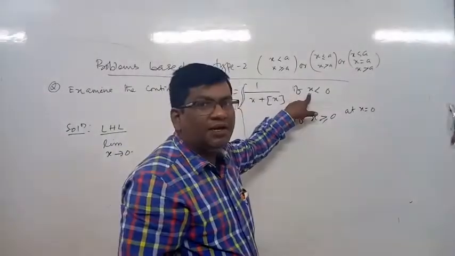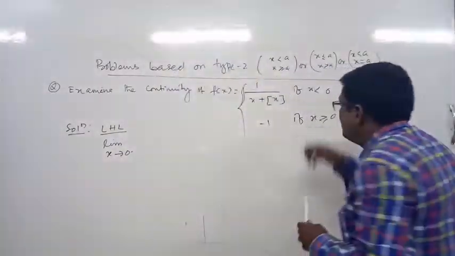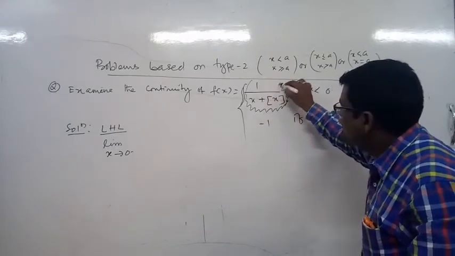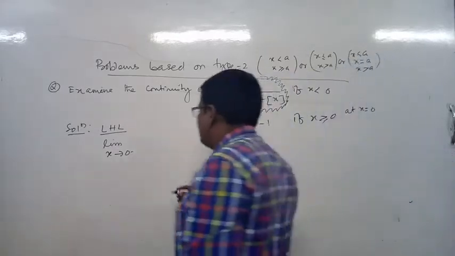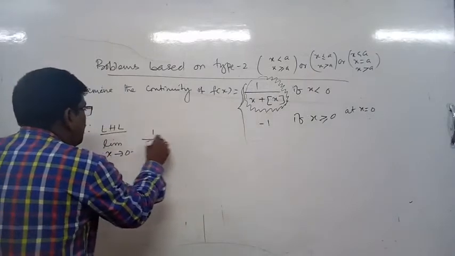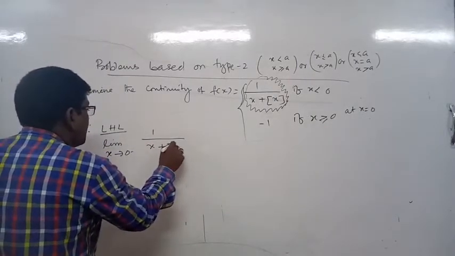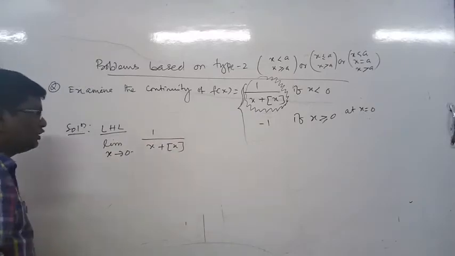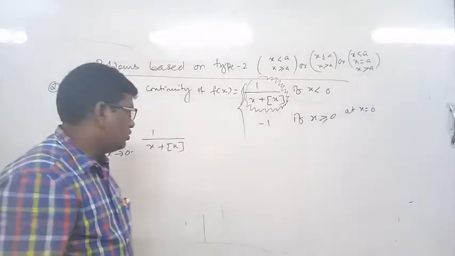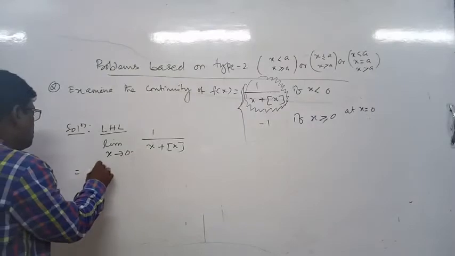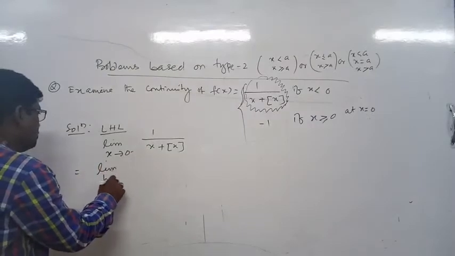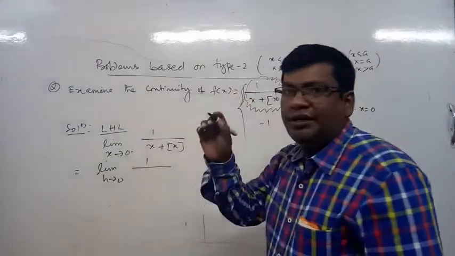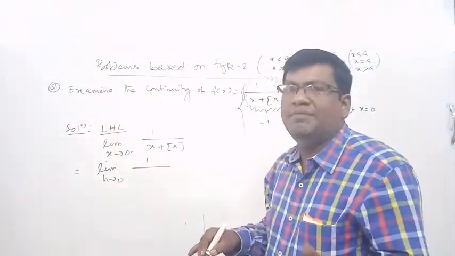So for left hand, use this function. That is equal to 1 by x plus bracketed x. Due to the bracket function, we can use limit h tends to 0, and for the left hand side, put x is equal to a minus h.